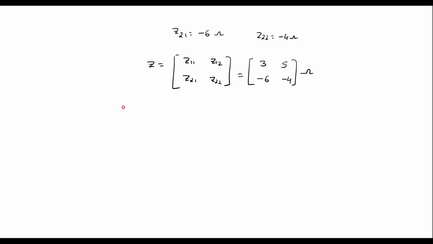So I can write Y11, we know that Y11 is equal to Z22 by delta Z. Delta Z is the determinant of this matrix.